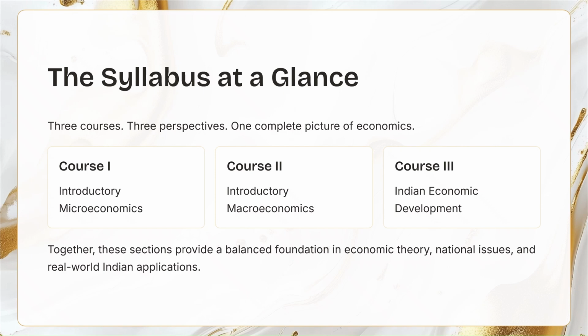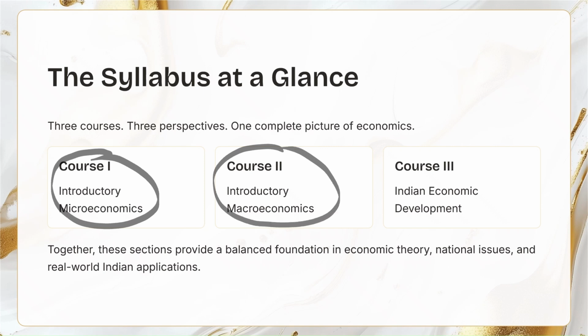The entire economics syllabus is organized into three broad courses. The first course is Introductory Microeconomics, which studies individual consumers, producers, and markets. The second course is Introductory Macroeconomics, where the focus shifts to economy as a whole.